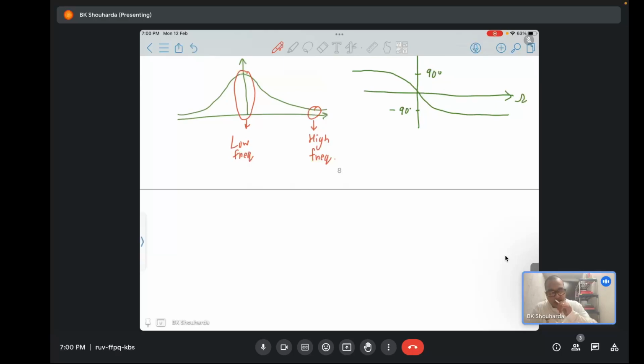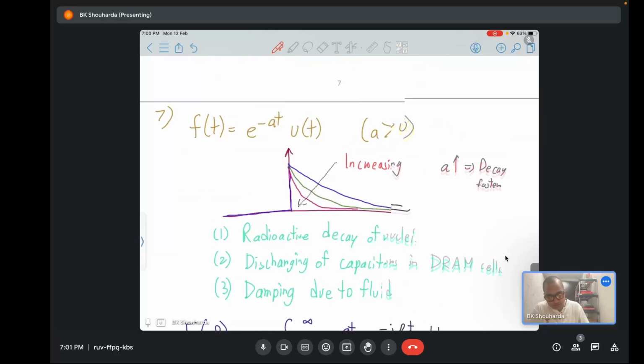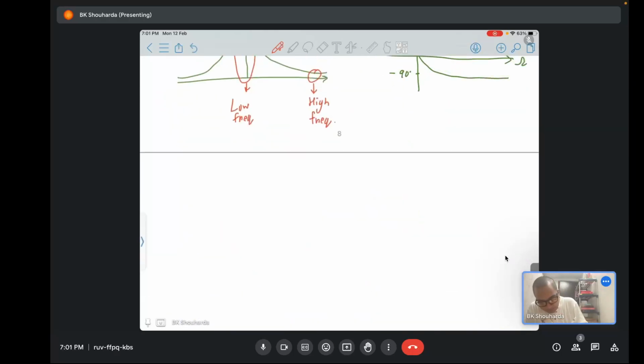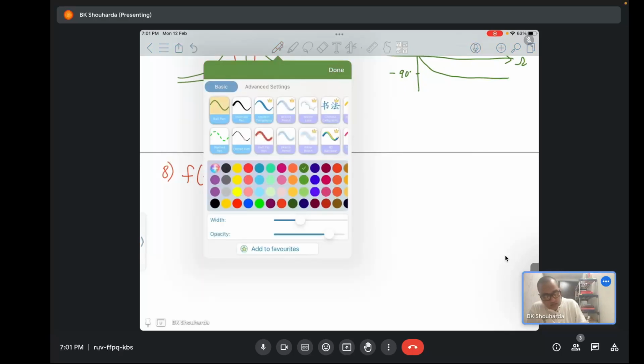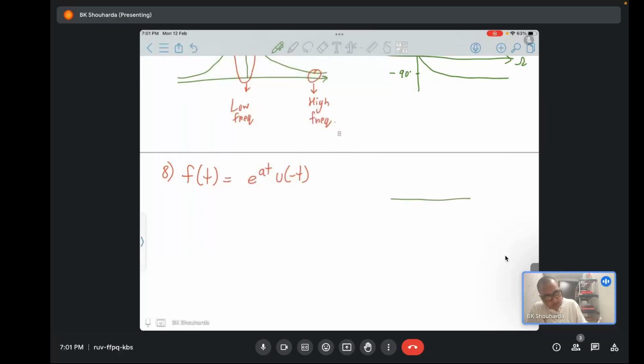Now let's look at another signal. f of t is e to the power at u of minus t. Okay, now how will it look like? First let us draw e to the power at. E to the power at will look like this.